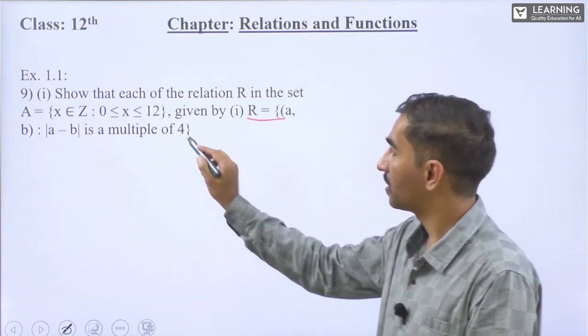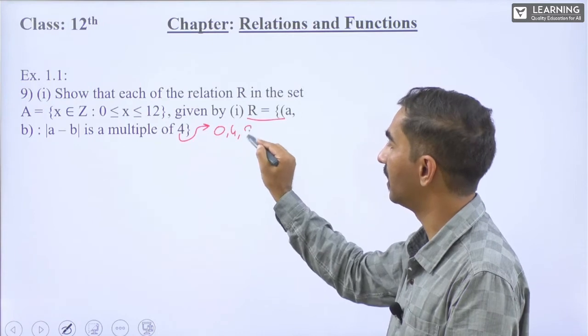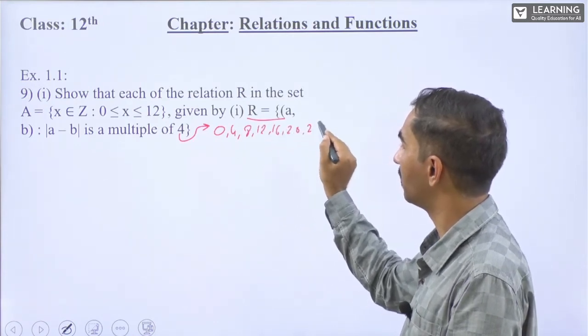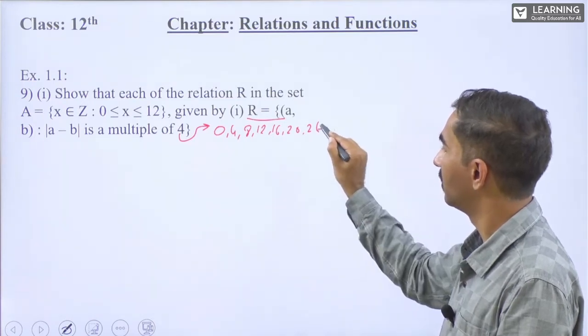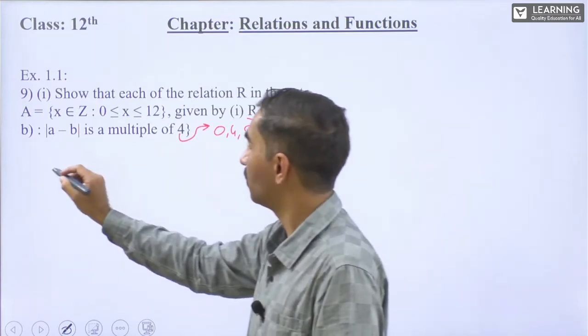So let us see first what are the multiples of 4 here. So 0, 4, 8, 12, 16, 20, 24 and so on. Now let us write set A, students. So how do we write set A now?